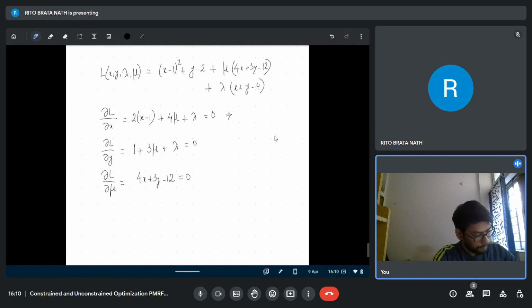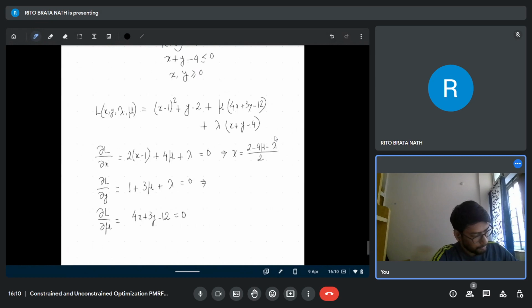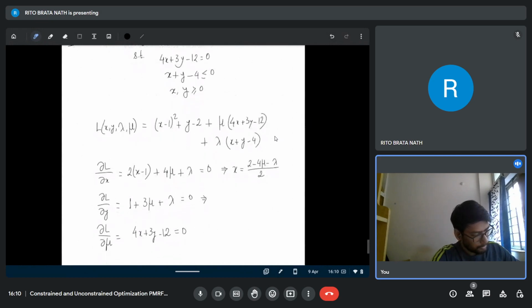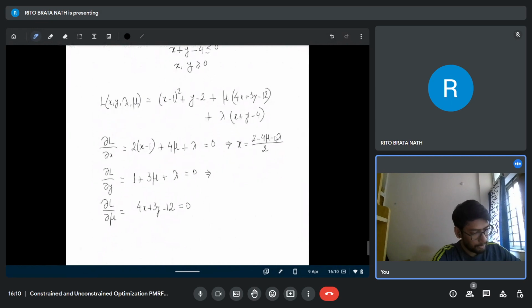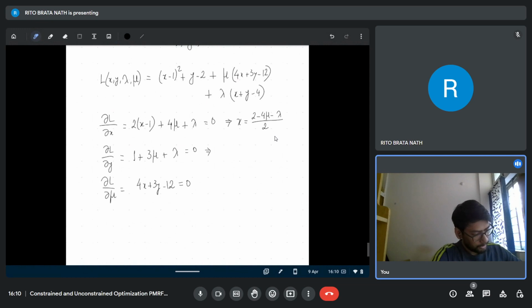So we will have x equals 2 minus 4 mu minus lambda by 2. Okay, so this will not have a term in y, right? So what you can do is have a relation between lambda and mu. So lambda is minus 1 minus 3 mu.